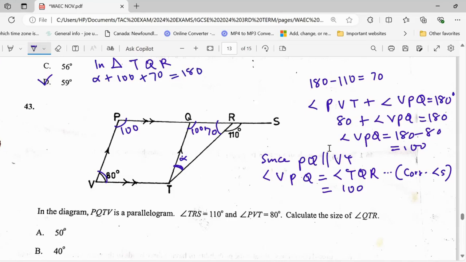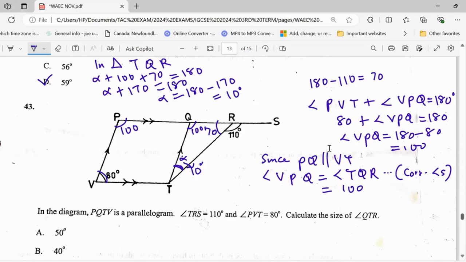That is the sum of interior angles in a triangle will give 180 degrees. So alpha plus 170 equals 180 degrees. So alpha itself is going to be 180 minus 170, which is 10 degrees. So this angle we are looking for here has a value of 10 degrees.